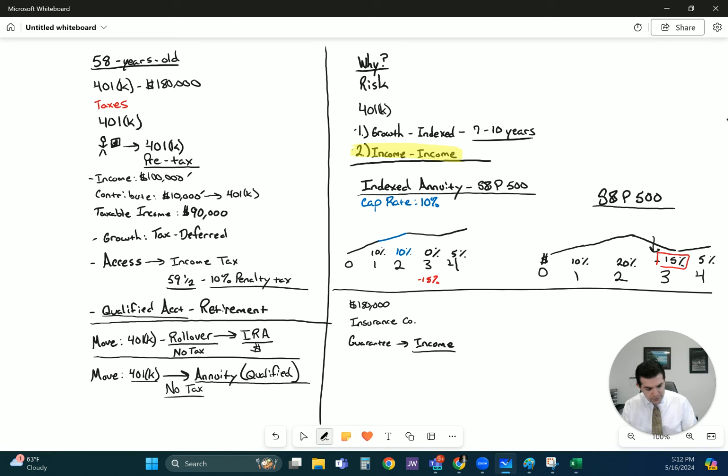For example, if he says, I'm 58 years old now, how much income will this guarantee me if I start taking income at 59? What if I start taking income at 60? What about 62? What you will find is the longer you wait, the higher the income is. Remind you of anything?